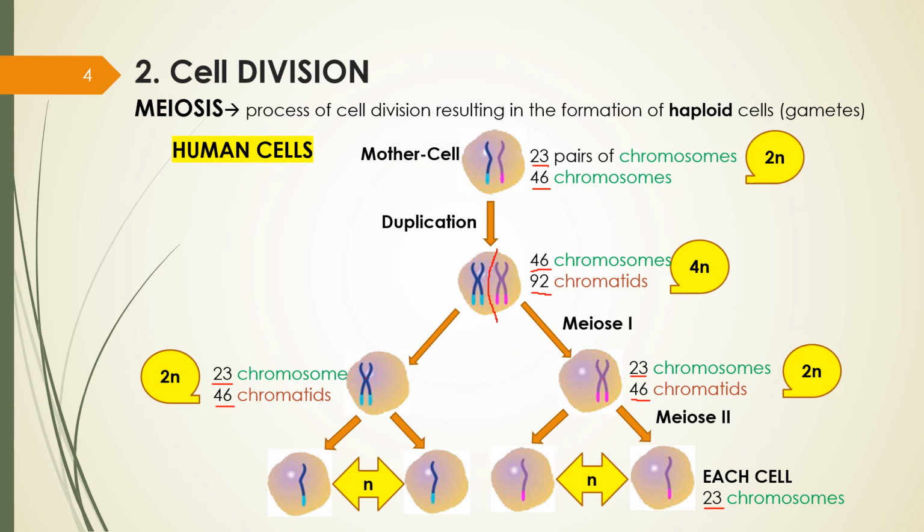Look here in the mother cell, I have one pair. My daughter cell, just one. Okay, so when I make a baby, I can give them one chromosome that I received from my daddy, or one chromosome that I received from my mom.